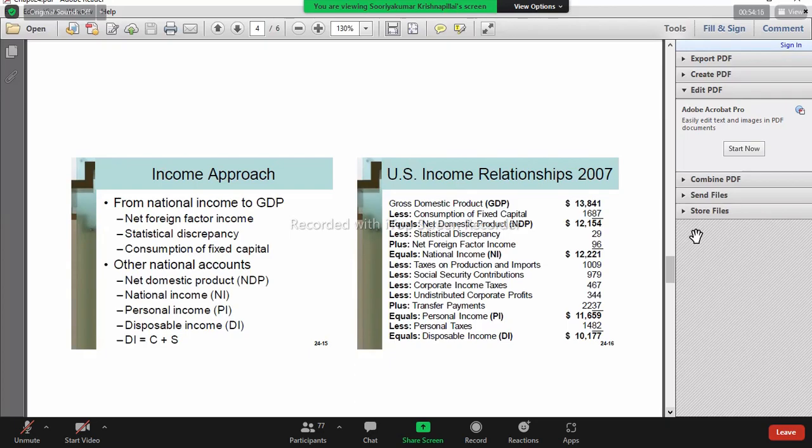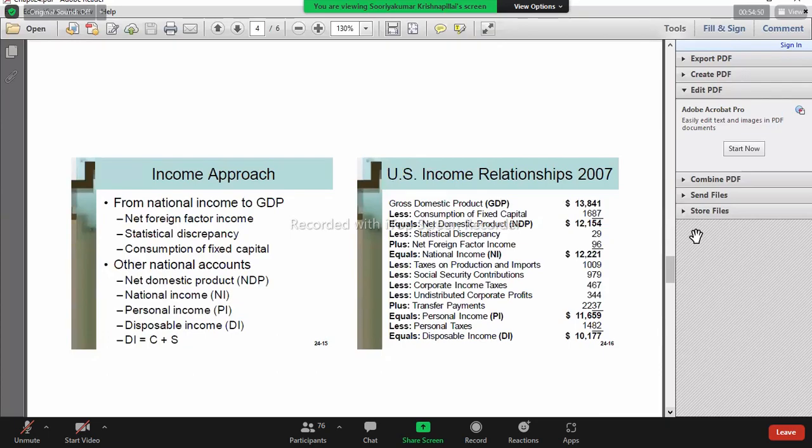From the net domestic product, we will get national income and personal income. From the national income, we deduct corporate taxes and other taxes, then we will get personal income.